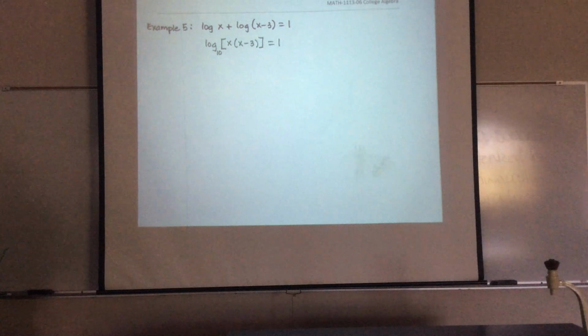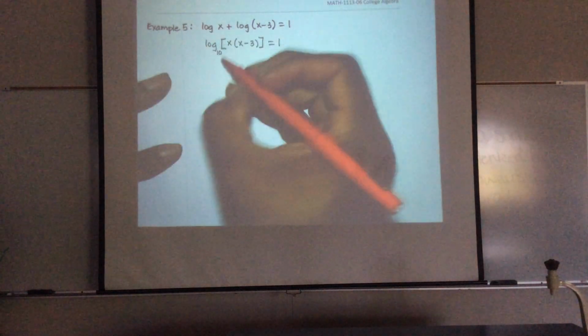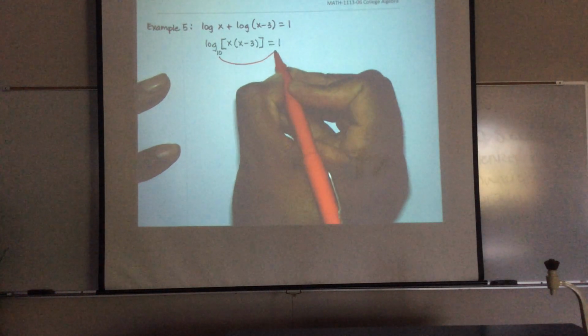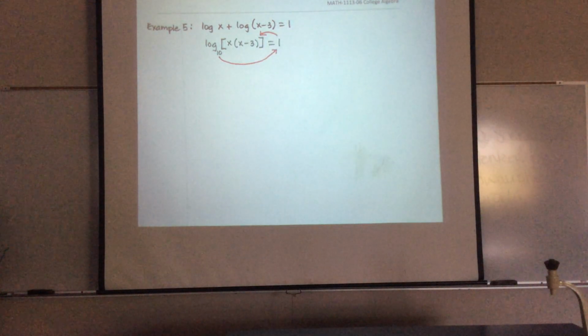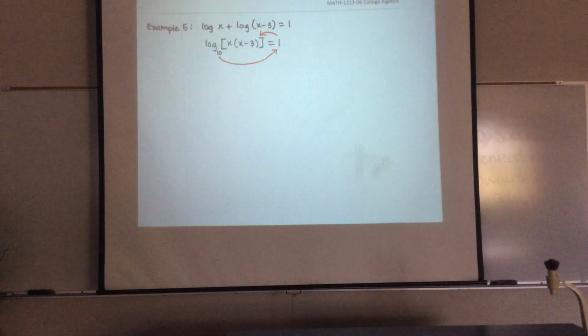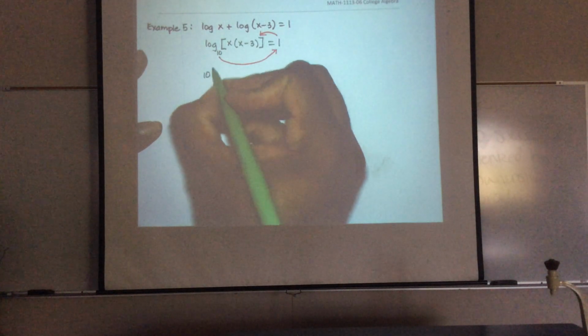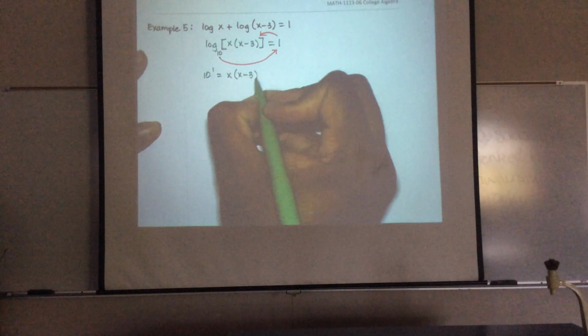Now we can write it in exponential form. So in this case, this is my base, which is your 10. The 1 will be the exponent for the 10. That's going to be equal to that expression right there, x times x minus 3. So here I'm going to have 10 to the first equal to x times x minus 3.